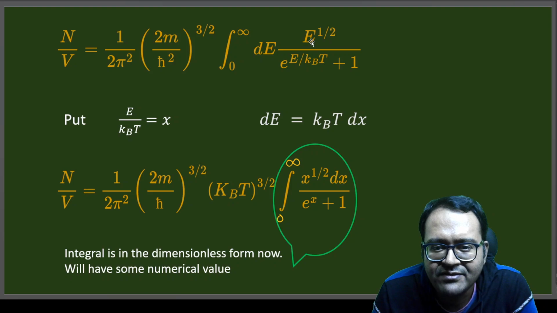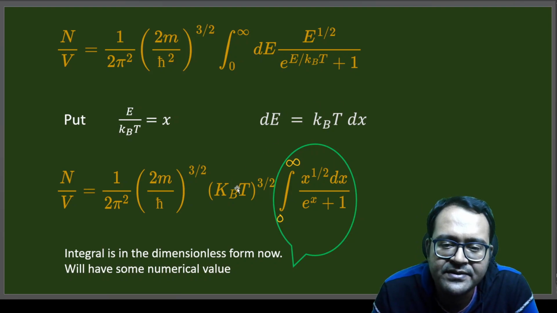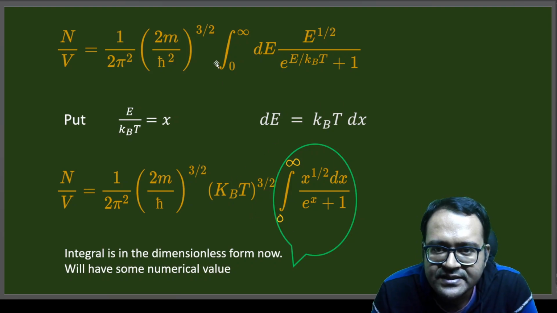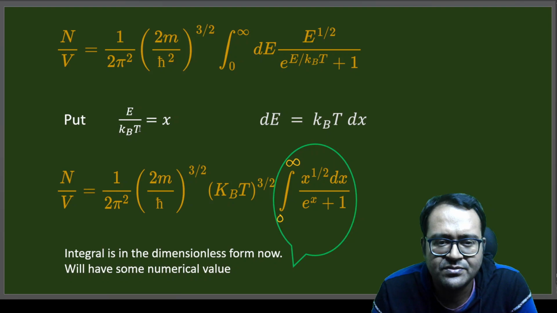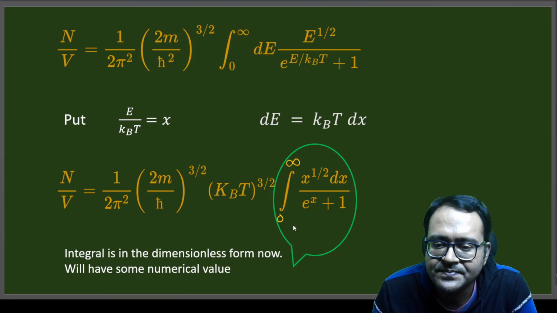E to the power half gives a kBT to the power half, and from dE there will be another kBT. So kBT to the power 3 by 2 comes outside, and the integration limit does not change. Whatever your temperature is, if capital E is going to infinity, x is also going to infinity.